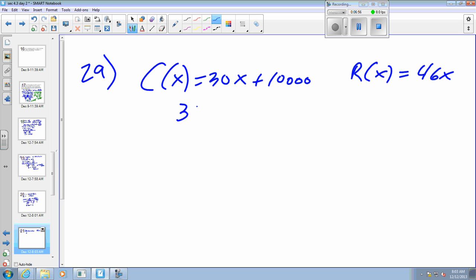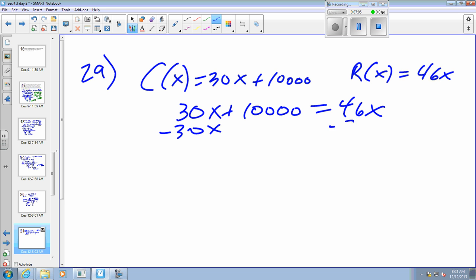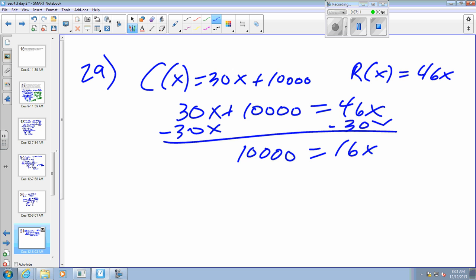So I go 30x plus 10,000 equals 46x, minus 30x, minus 30x, and I get 10,000 equals 16x, divide by 16. I get x equals 625 of whatever these x's stand for.